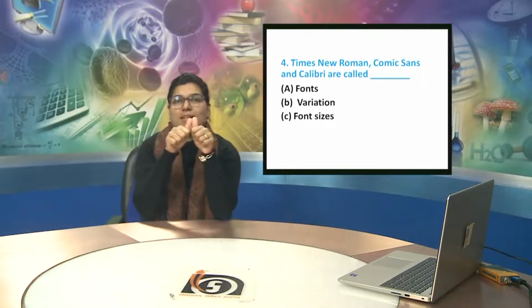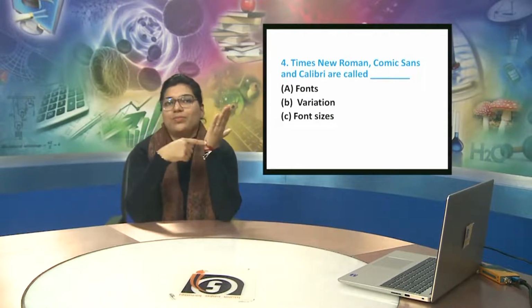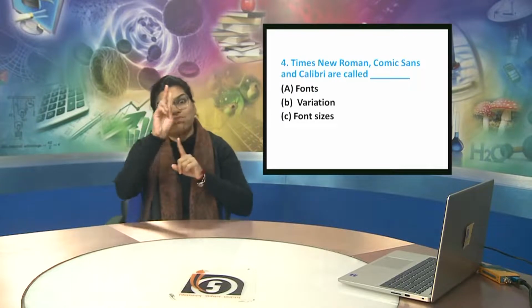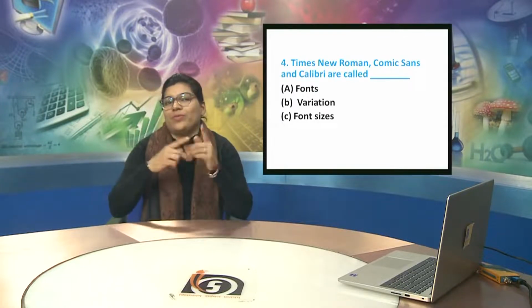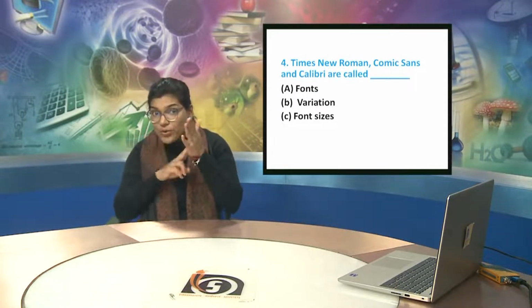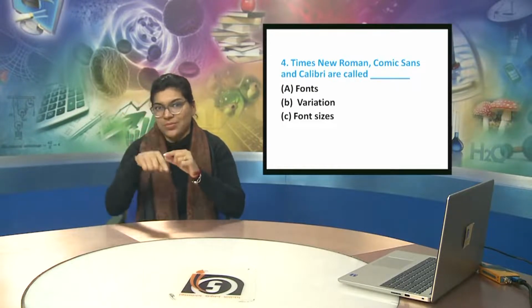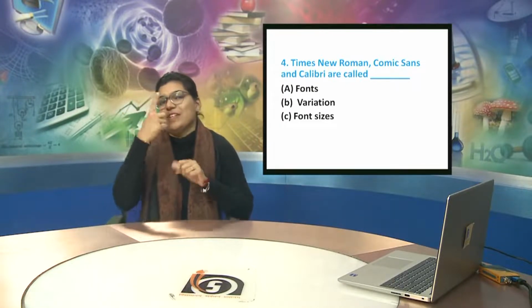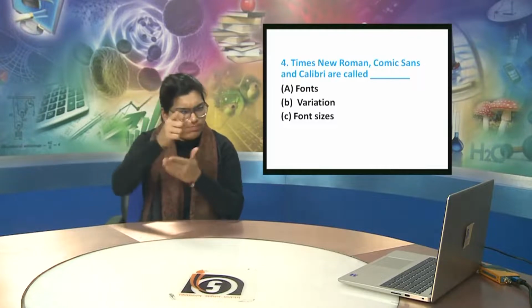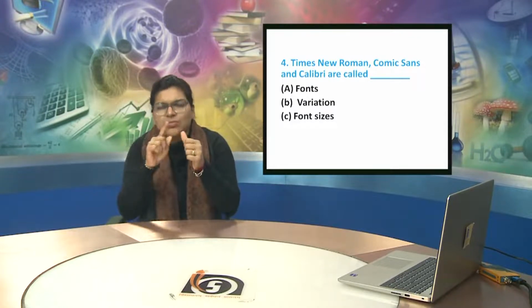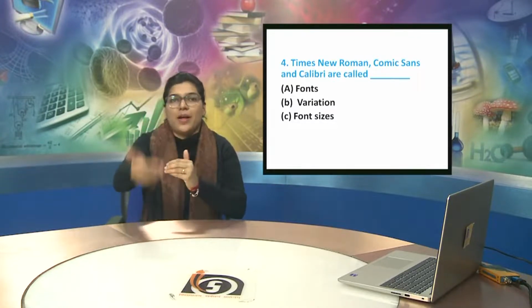Okay, you have now answered it wrong. I'll answer it from my side. It's fonts. Times New Roman, Comic Sans and Calibri are called fonts. Okay, I hope it's clear now. Hope you will do more practice and learn it.